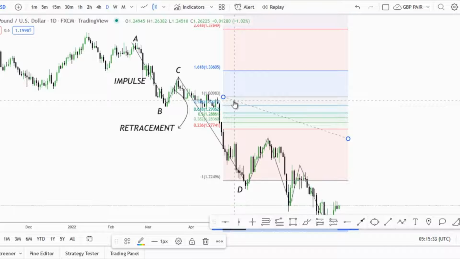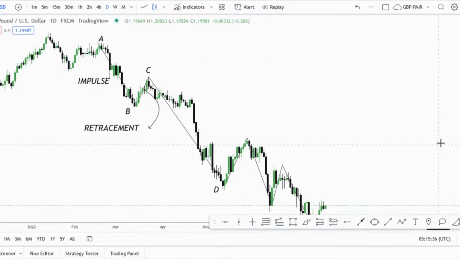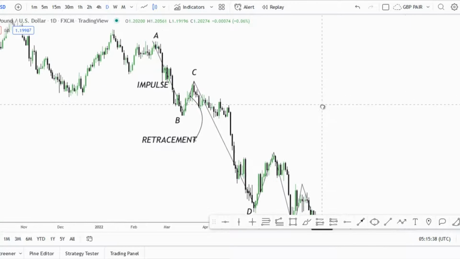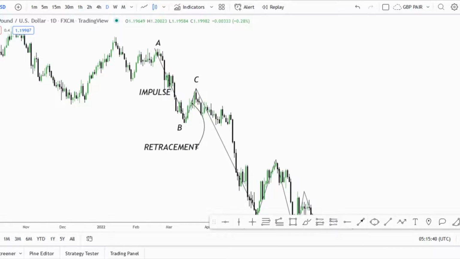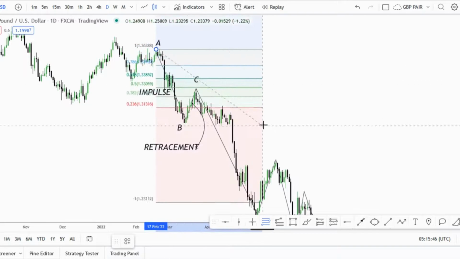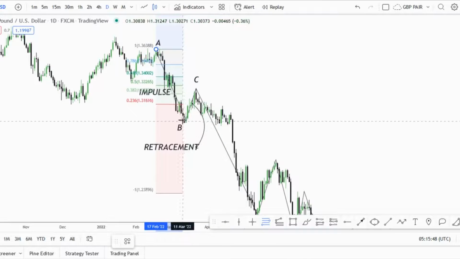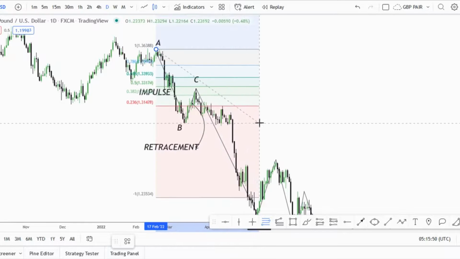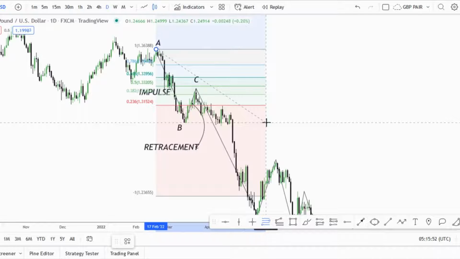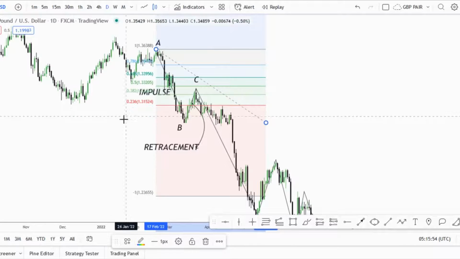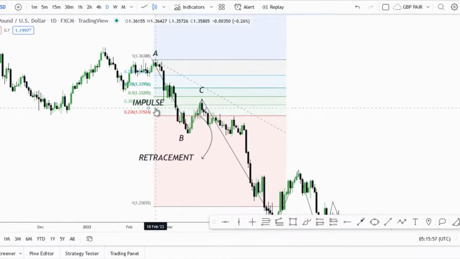Okay, so now, not to digress too much, you come and pick your tool. Now I will drag from point A to point B. This is point B here, and I'll extend it out a little bit. Now this is what I need to see.